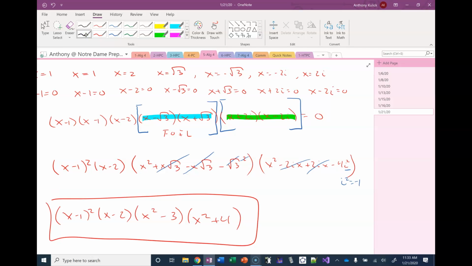So there is my polynomial whose factors all have integer coefficients. If I set this equal to 0, I'm going to get exactly the zeros that I listed. And when I wrote that third criteria that it has the minimum degree, what do I mean there? I mean it has the minimum degree so that it meets all the other criteria above it.